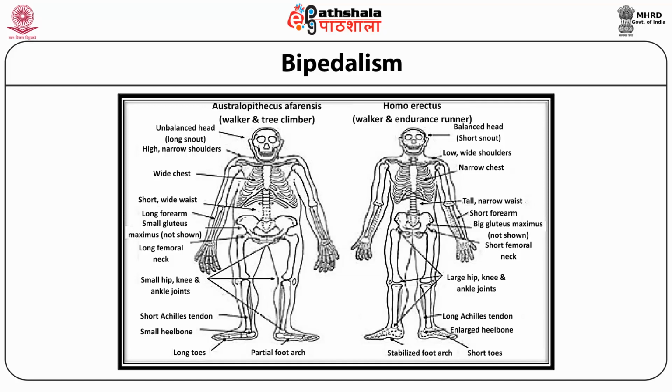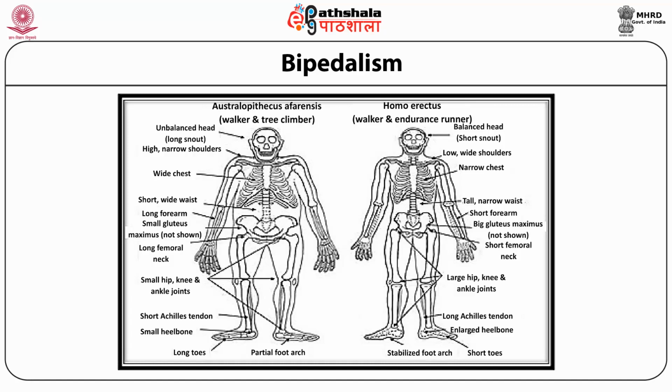Even though Australopithecus afarensis is called a walker and tree climber, it shows some similarities and differences with Homo erectus, which is called a walker and endurance runner. We can see the changes especially in the thoracic and the pelvic region, which show the evolutionary transformation that has taken place between the two.